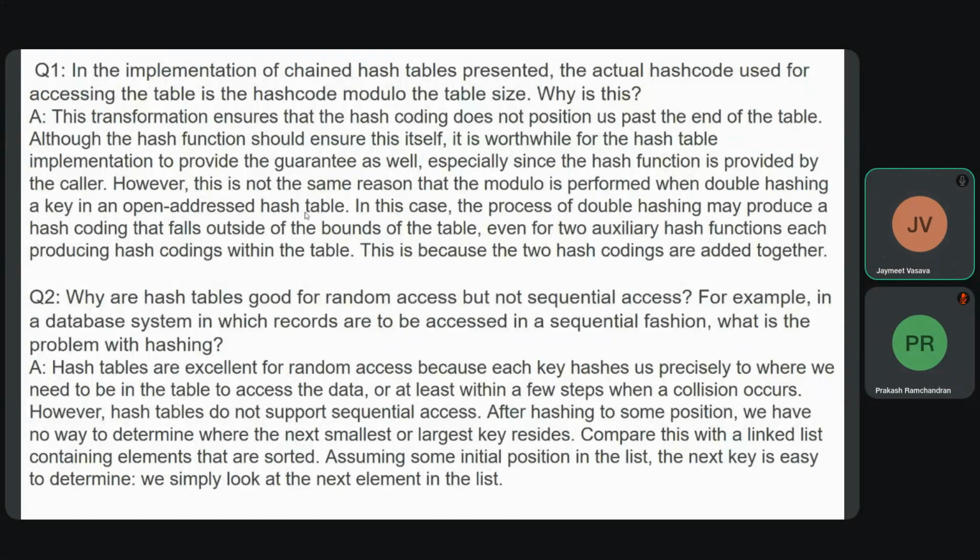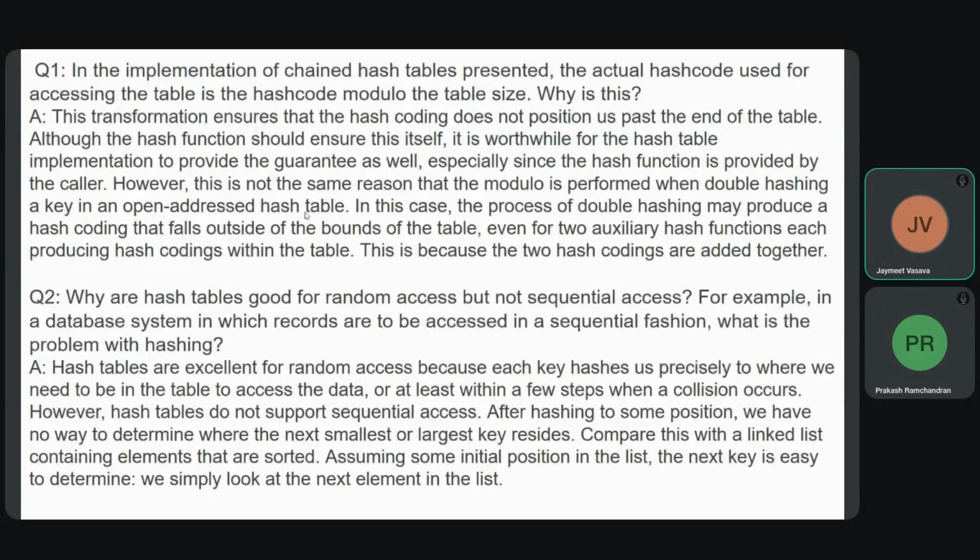Next question is, why are hash tables good for random access but not sequential access? For example, in a database system in which records are to be accessed in a sequential fashion, what is the problem with hashing?